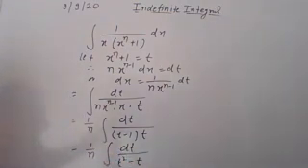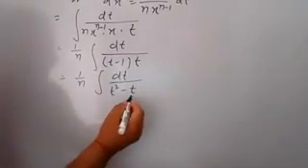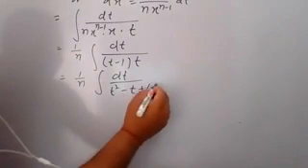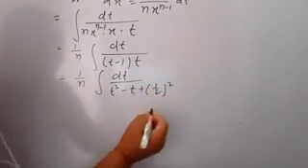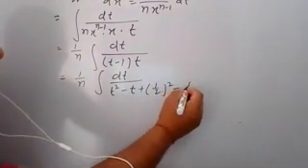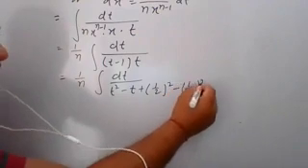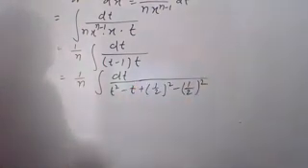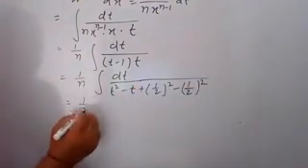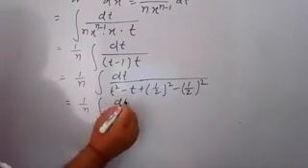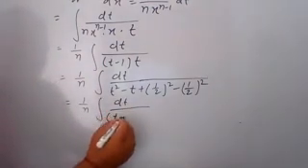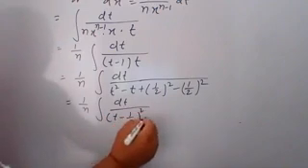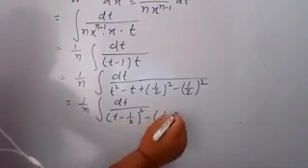Now you have to take half the coefficient of t, which is 1 upon 2. Squaring 1 upon 2, you write minus 1 upon 2 whole square. So that can be written as 1 by n dt upon t minus 1 upon 2 whole square minus 1 upon 2 whole square.